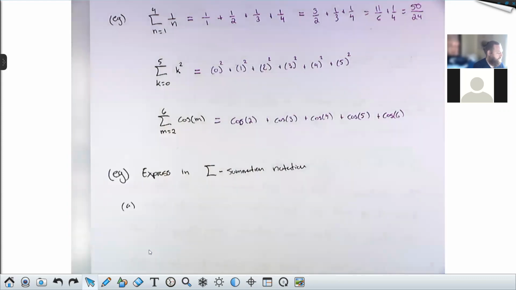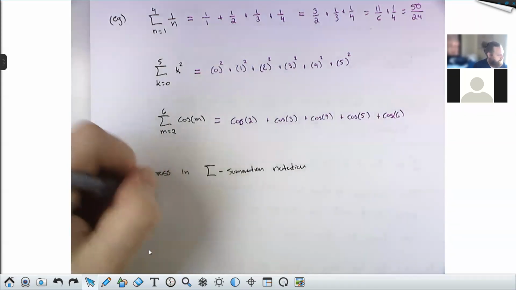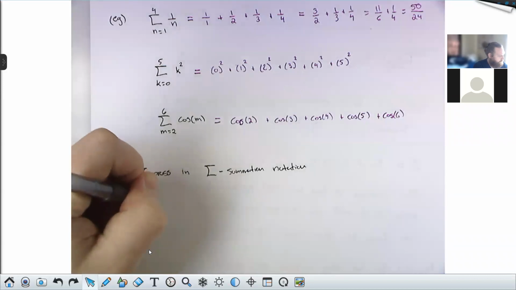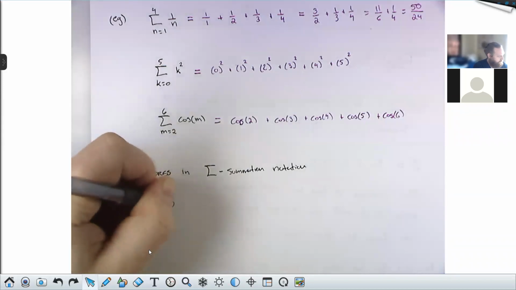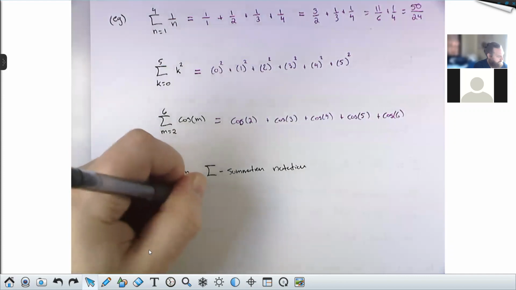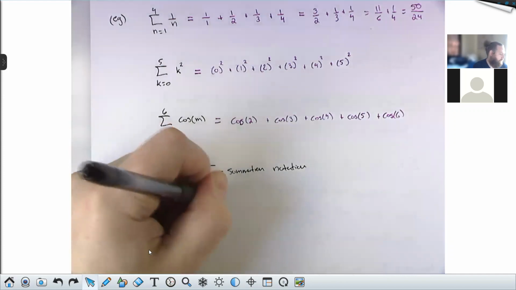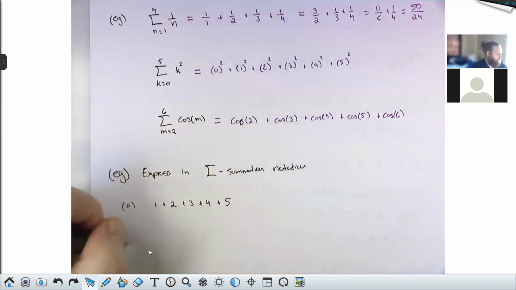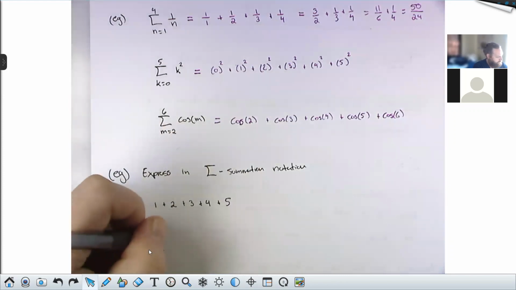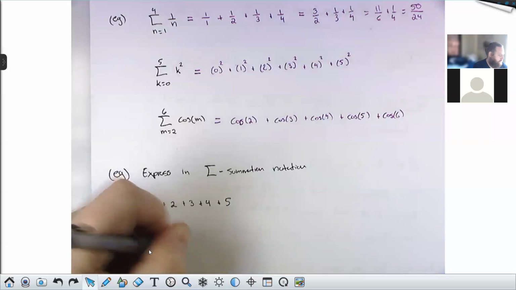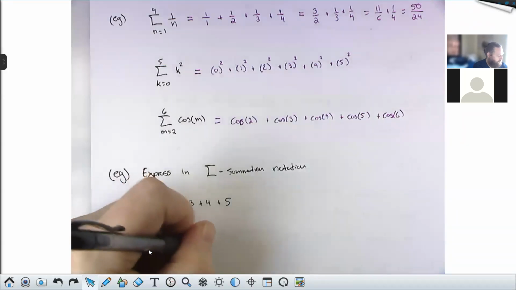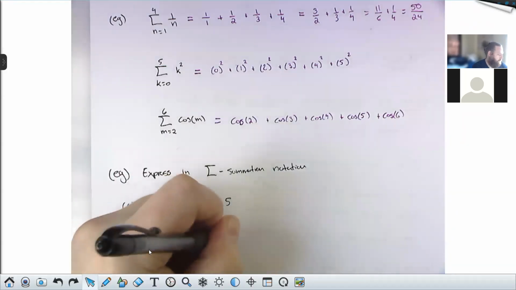And for A, I will write, how about just 1 plus 2 plus 3 plus 4 plus 5. For B, I'll write 2 to the 1 plus 2 to the 2 plus 2 to the 3 plus 2 to the 4.